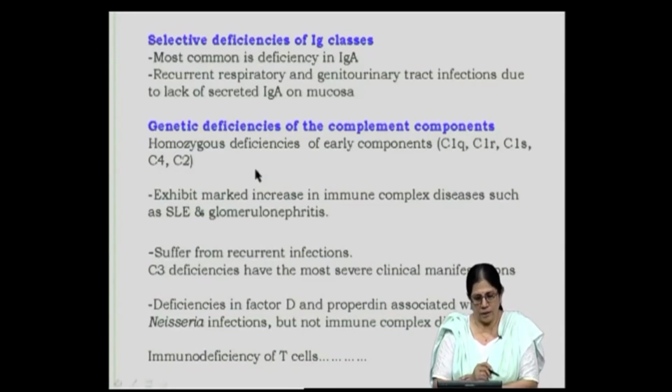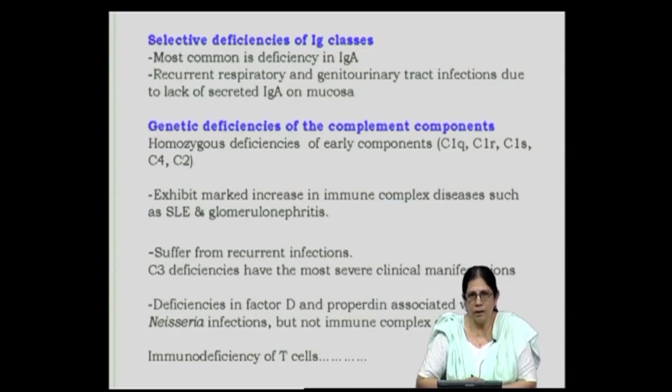Such individuals would have not only recurrent infections, but also they exhibit marked increase in immune complex diseases. That is because the complement component C3 is extremely efficient in the process of opsonization, and also extremely efficient in removal of complexes through the receptors present on phagocytes.